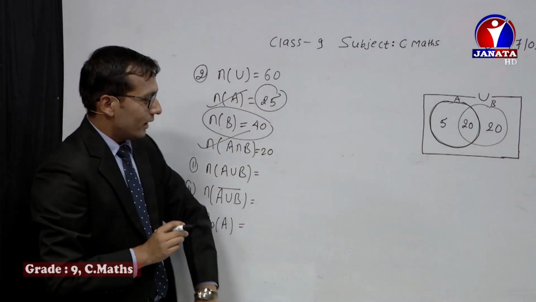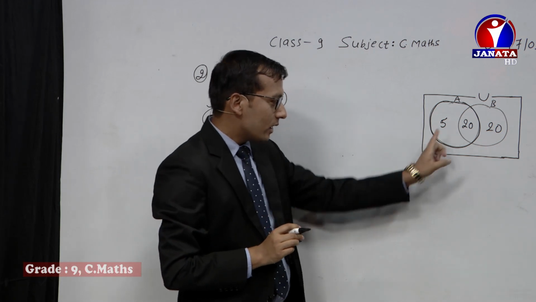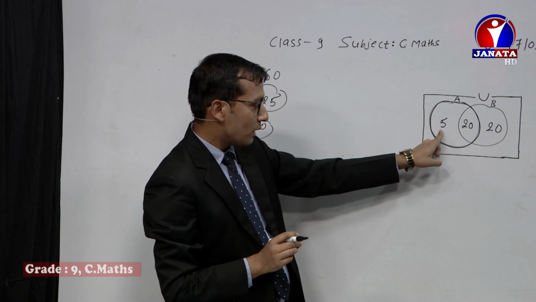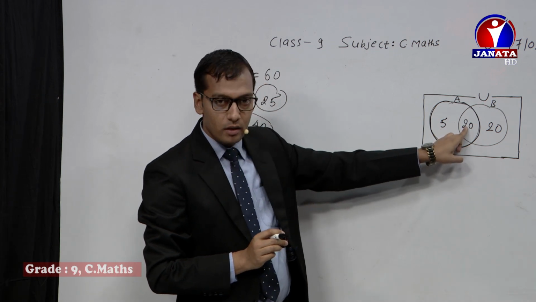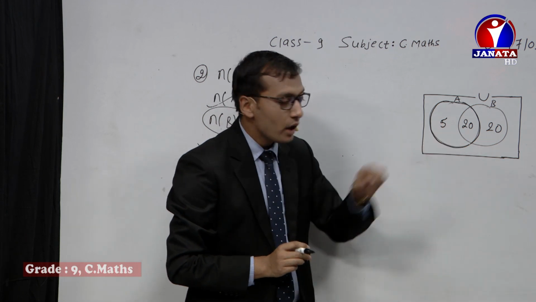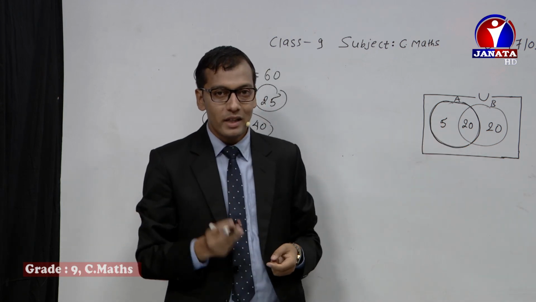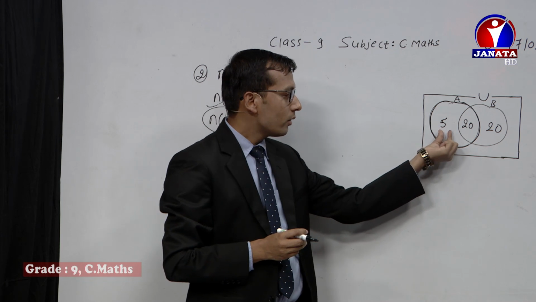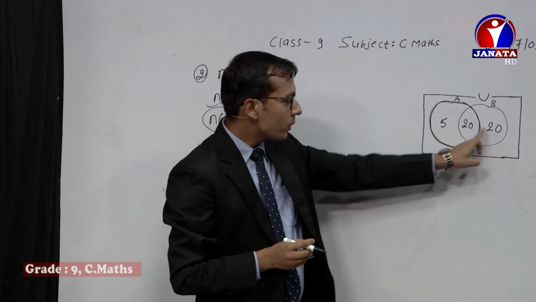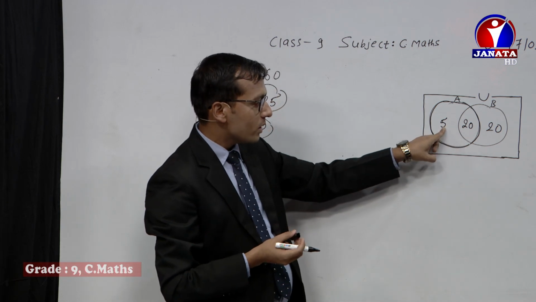Now let's look at this union. A union B is the sum of n only A plus the intersection plus n only B. If we add these three numbers inserted in the diagram, 5 plus 20 plus 20, what is 20 plus 20? It's 40, plus 5 is 45.